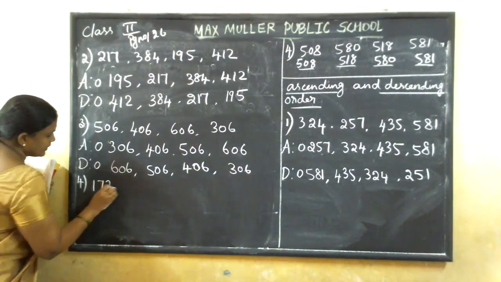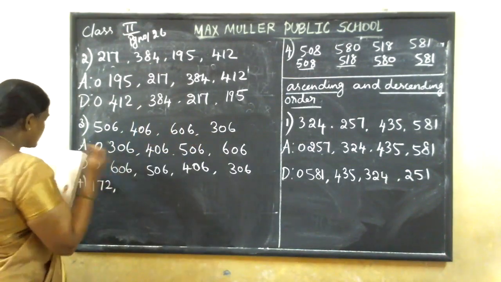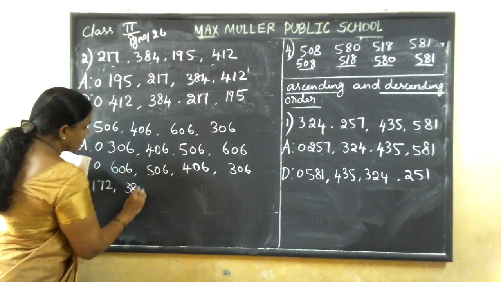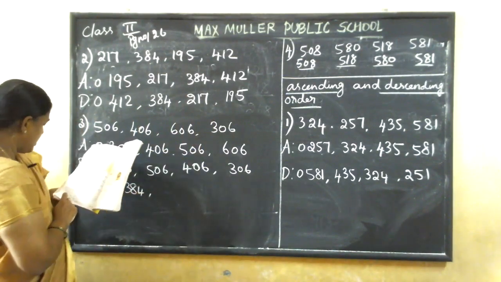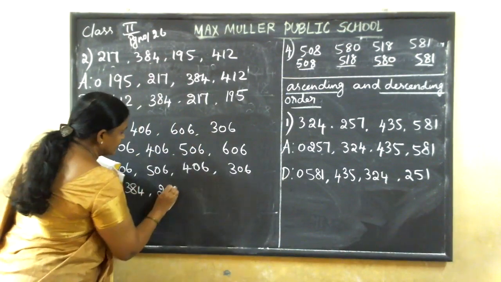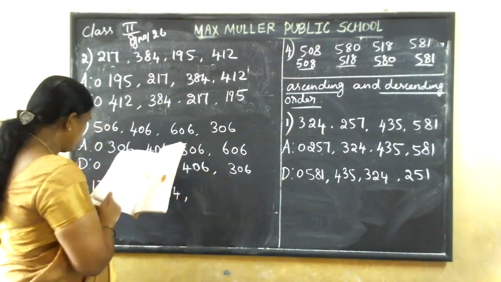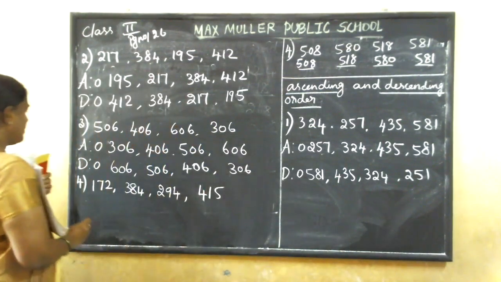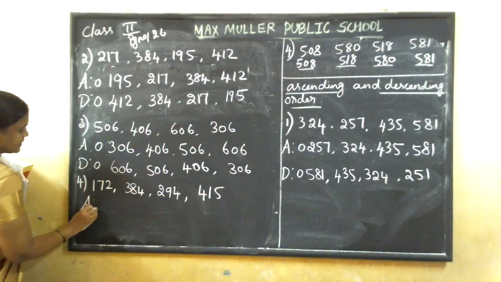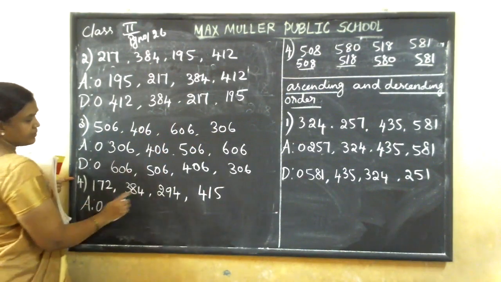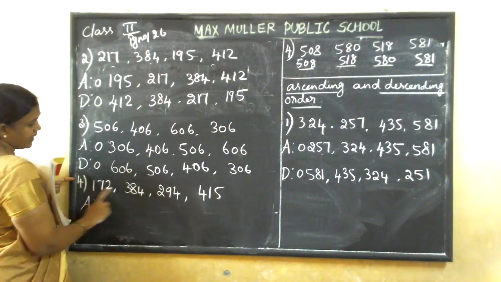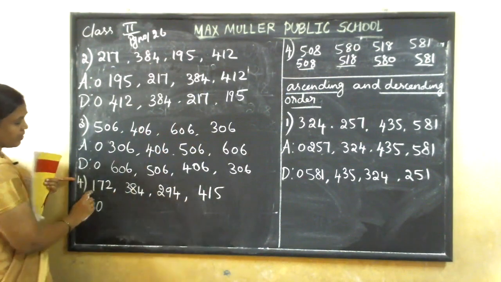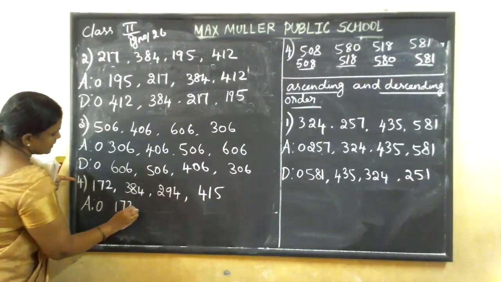Fourth one. 172, 384, 294, 415. Ascending order. See the hundreds number 1, 3, 2, 4. Which one small? 1 is the small. 172.